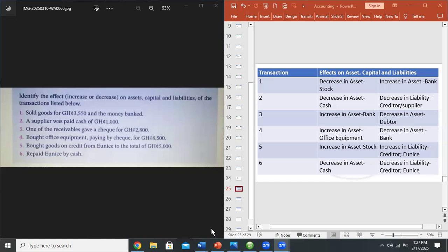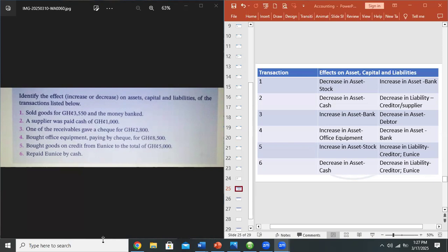So in effect, you are increasing your asset in the form of a bag and you're also decreasing your asset in the form of cash. Do you understand these examples I've just listed? Yes, please. Okay, I have a yes from Portia. I want to hear from Oswell, Augustine, and Eugenia. Yes, sir.